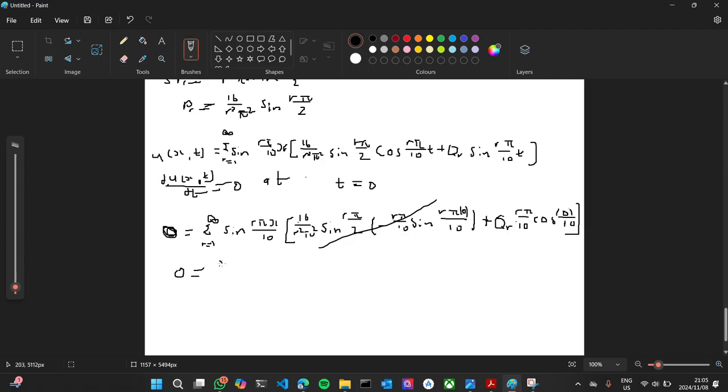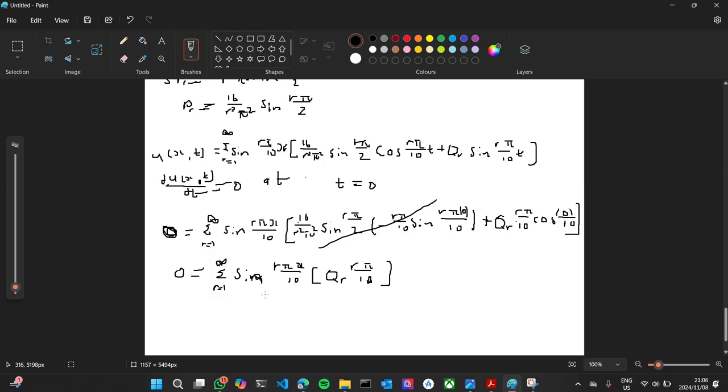is equal to the infinite summation from r equal to 1 of sine r pi x over 10, q of r, pi over 10, the cosine becomes 1, so we're not going to write it there.